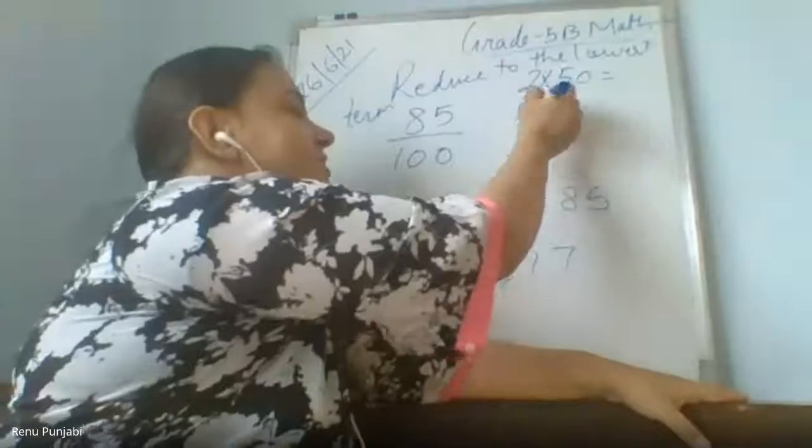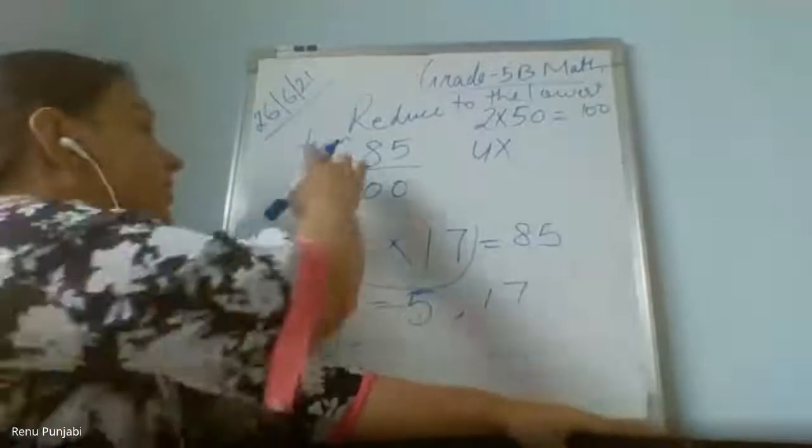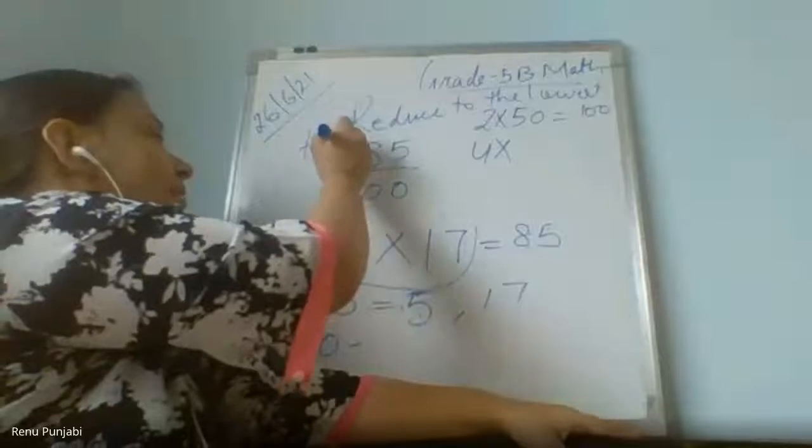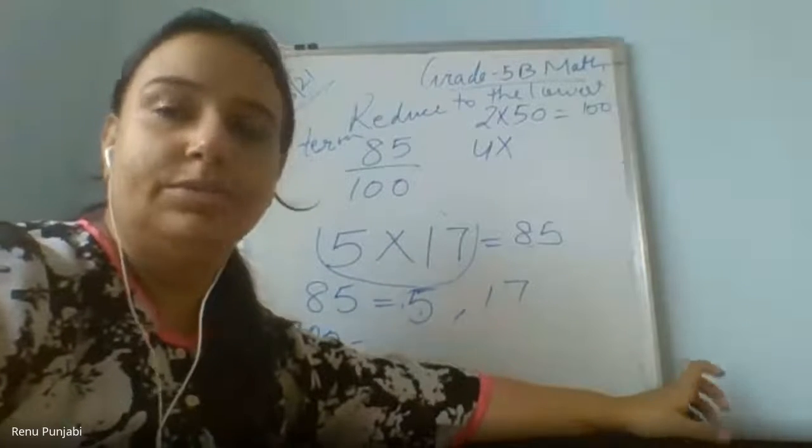How many times? 25. Ma'am, can you show me the heading? Reduce to the lowest term. Lowest term means you have to make a short form of this fraction.